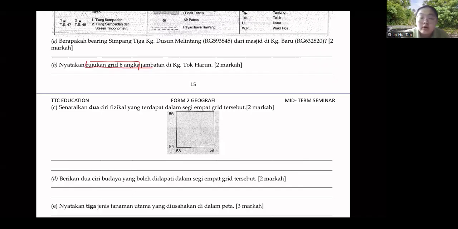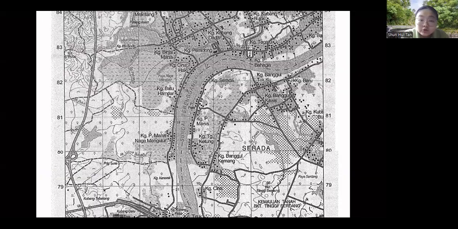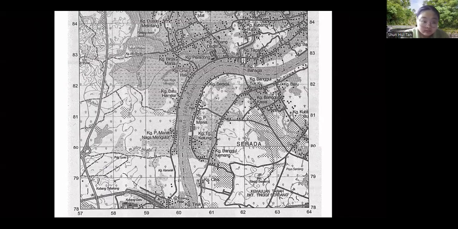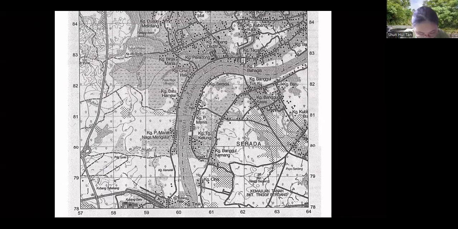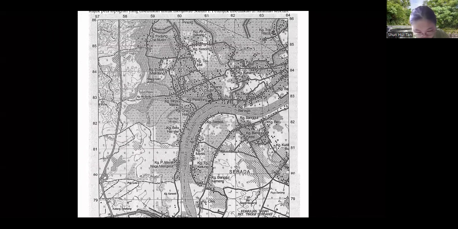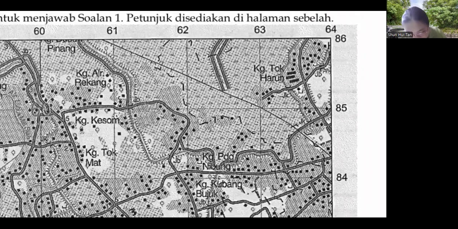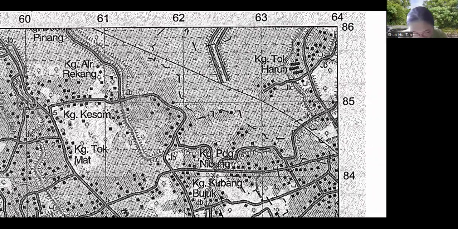Jambatan Kampung Tok Harun. So you need to go to the map and find Kampung Tok Harun. Can you find Tok Harun? I think you will find it. Yes, Tok Harun is here. And then they want what? Jambatan. Now, where is the jambatan?